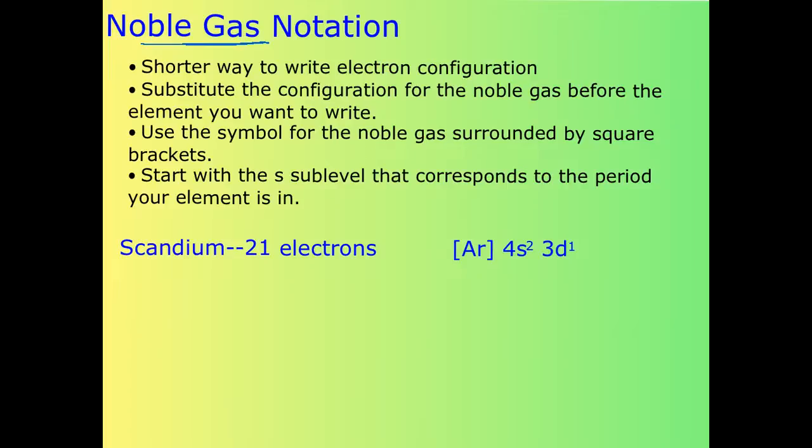You substitute the configuration of the noble gas before the element you're looking for. You put the symbol in brackets, and then you pick up from there. And how you know where to start is you start with whatever s sublevel the period of your element is in. And periods go horizontally across the periodic table.